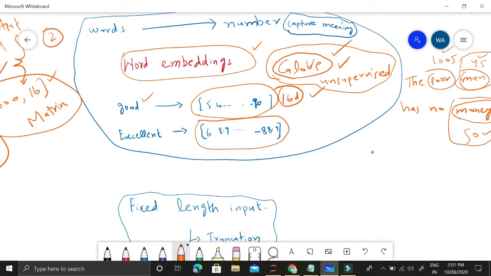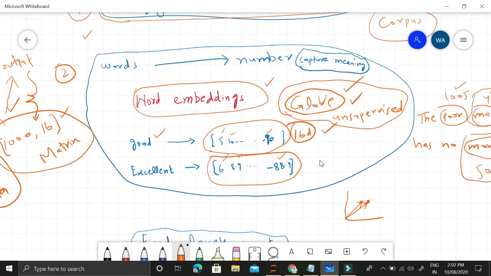Consider "good" having this vector with numbers 5, 10, minus 90, and for "excellent" it should be close to those numbers: 6, 8.9 and minus 88.9. If we were having a two-dimensional vector, and this is the vector for "great", then the vector for "excellent" should be close enough.